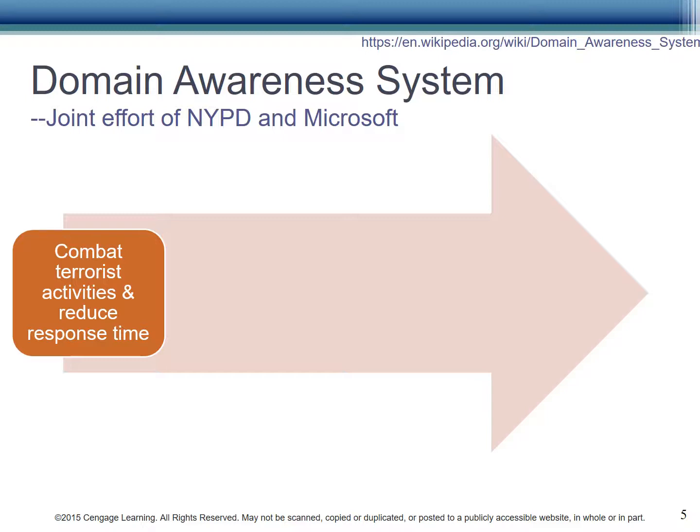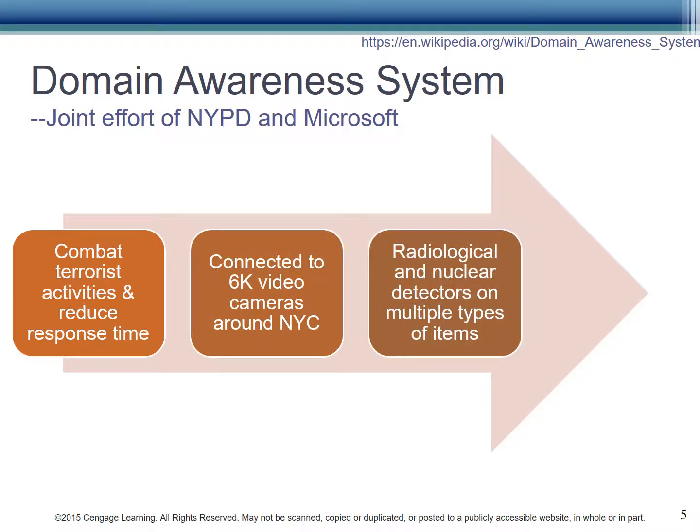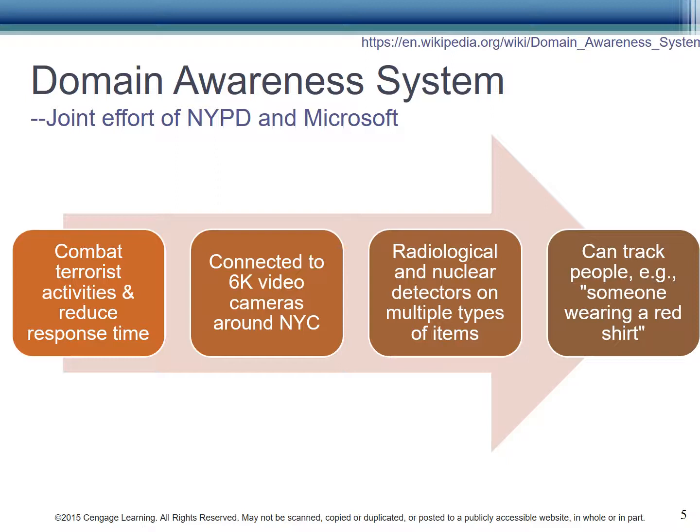The technology allows identification of multiple shapes and sizes of unidentified suspicious packages and can track people within seconds using descriptions such as someone wearing a red shirt.